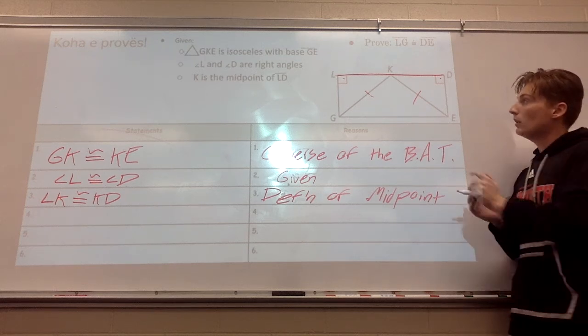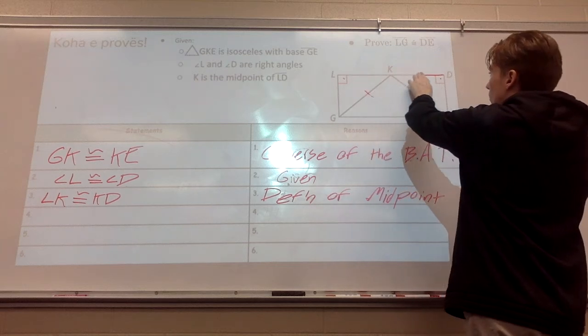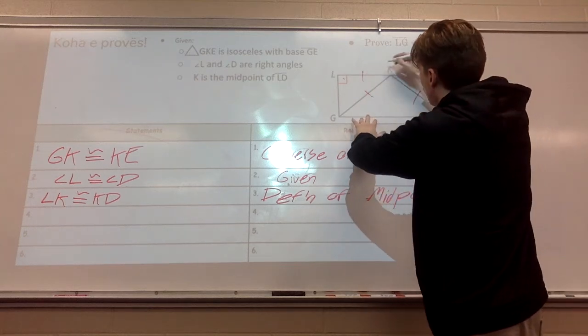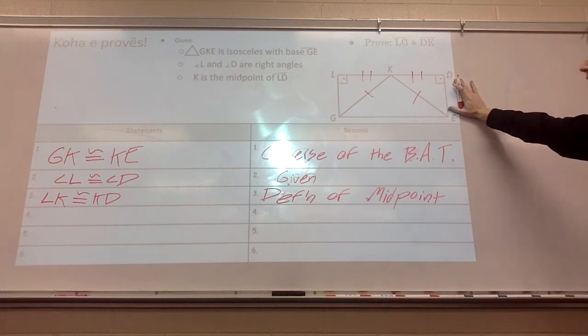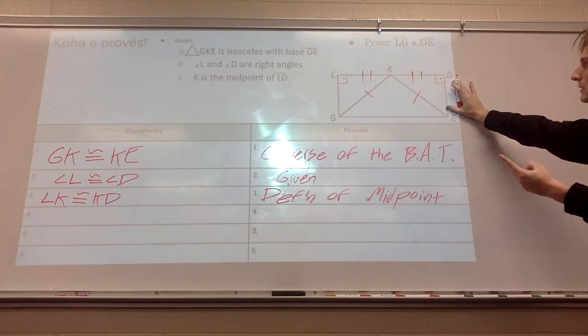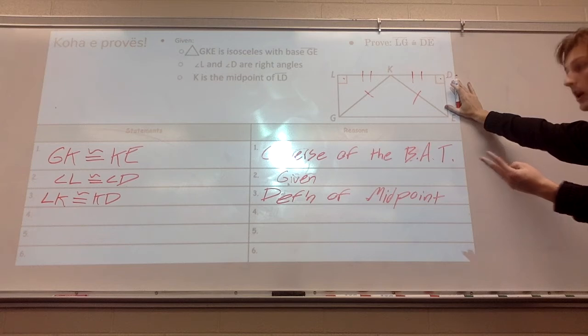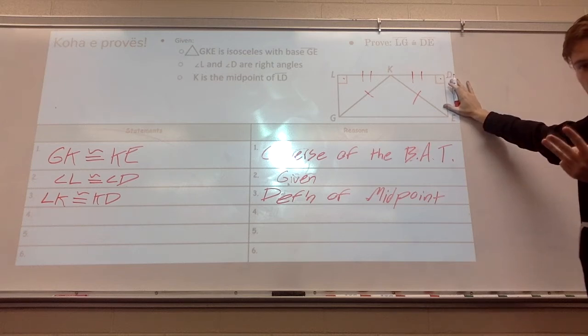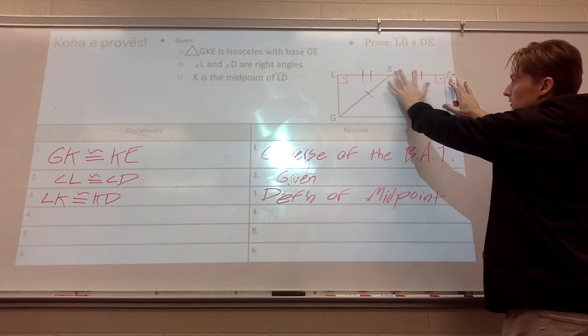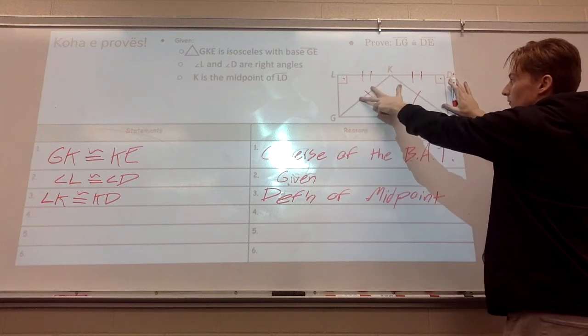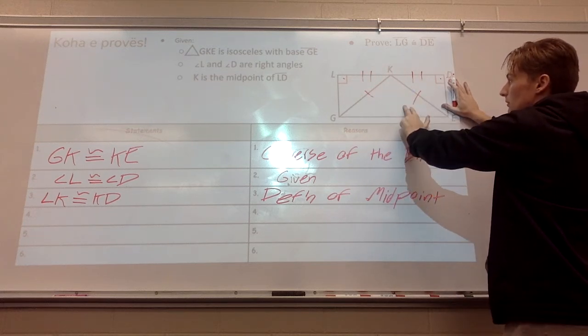Okay? Well, so we're here. So I have two right triangles. I have two congruent hypotenuses. I have two congruent legs. There's the HL theorem. I have my two congruent legs. I have my two congruent hypotenuses.